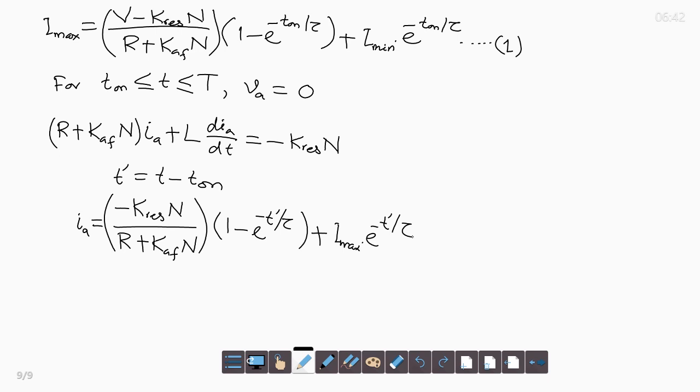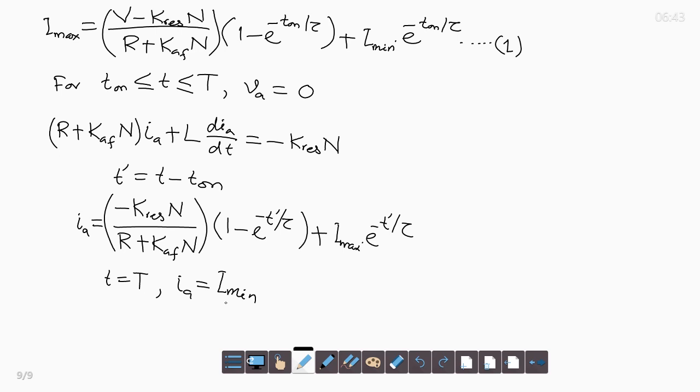So, with that, if you put t dash equals t minus t on, then I A equals I minimum, because at the end of the duty interval t, the end of the off period, the current comes back to the minimum value I minimum.